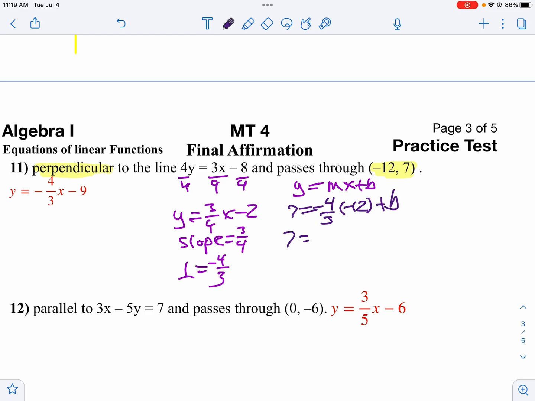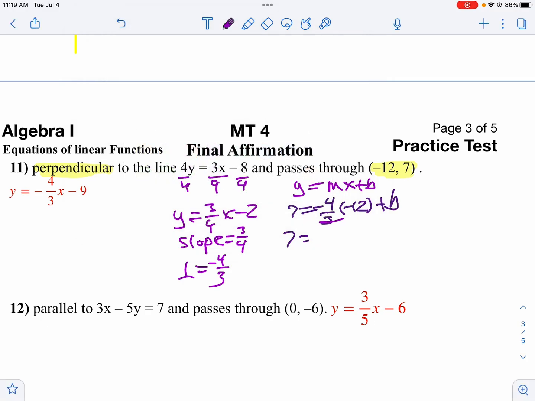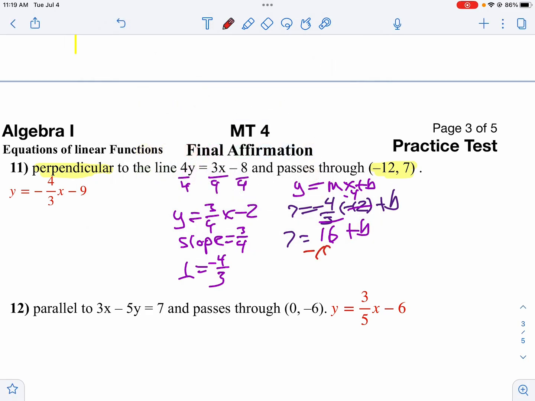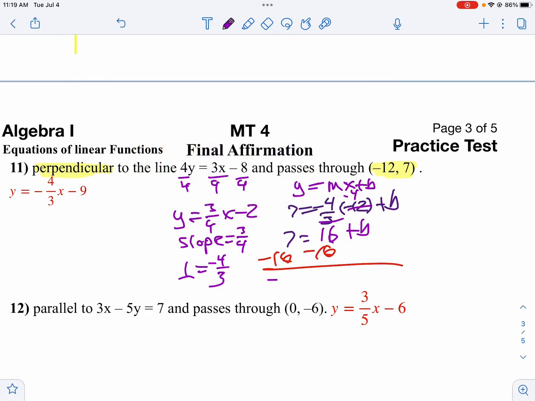So 7 equals, simplifying now, 3 goes into negative 12 negative 4 times. Negative 4 times negative 4 is positive 16 plus b. To solve for b, we subtract 16 from both sides. 7 minus 16 is negative 9 equals b.